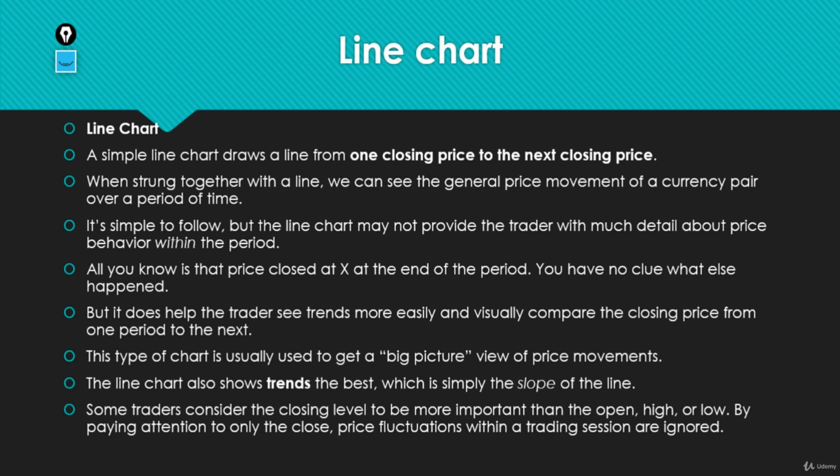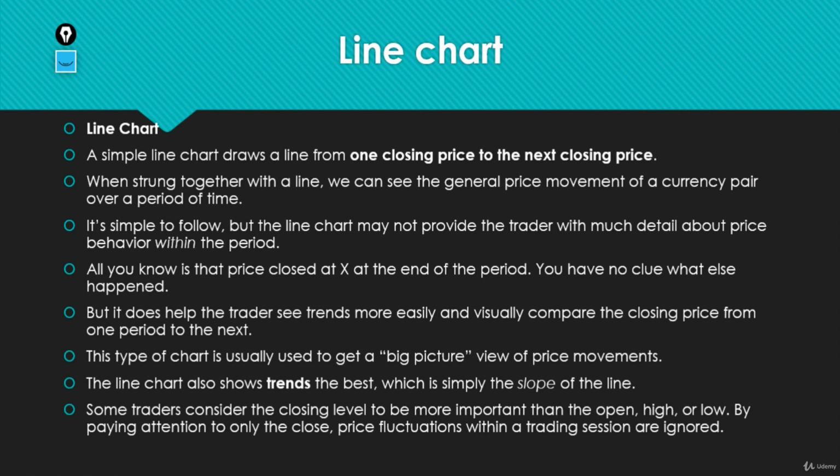It's simple to follow, but the line chart might not provide a trader with much data about price behavior within the period. How do you know that price closed at X at the end of the period? You have no clue what else happened, but it does help the trader to see trend more easily and visually compare the closing price from one period to the next.